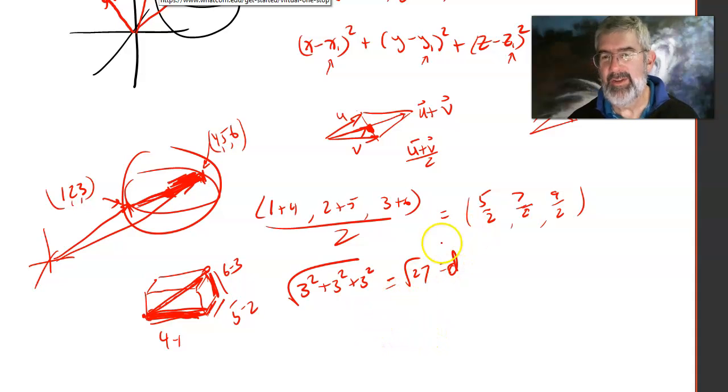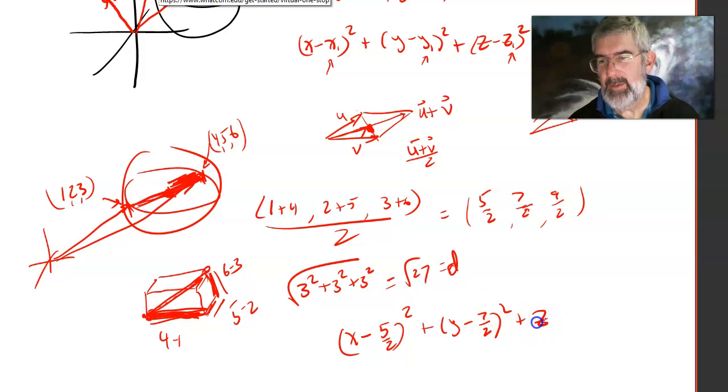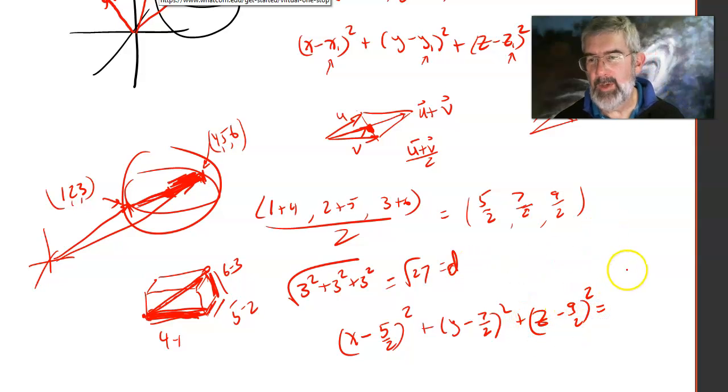So the equation of this sphere is now going to be x minus the x-coordinate of the center squared, plus y minus the y-coordinate of the center squared, plus z minus the z-coordinate of the center squared, equals the radius squared. Well, the radius is the square root of 27 over 2, so when I square that, it's going to be 27 over 4.